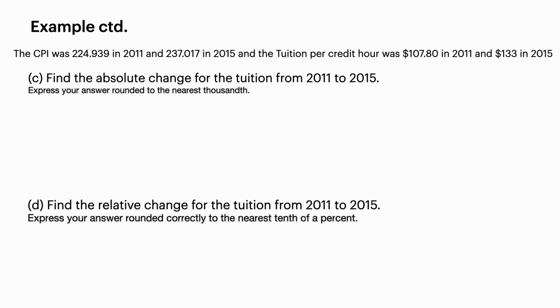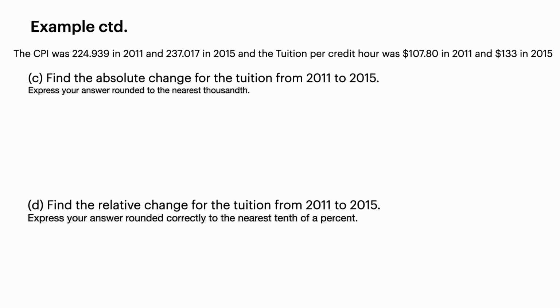Very similar question, except now we're going to talk about the tuition. So we're going to find the absolute change in tuition and the relative change in tuition. Remember that the credit hours were $107.80 in 2011 and $133 in 2015. First, find the absolute change, then find the relative change.